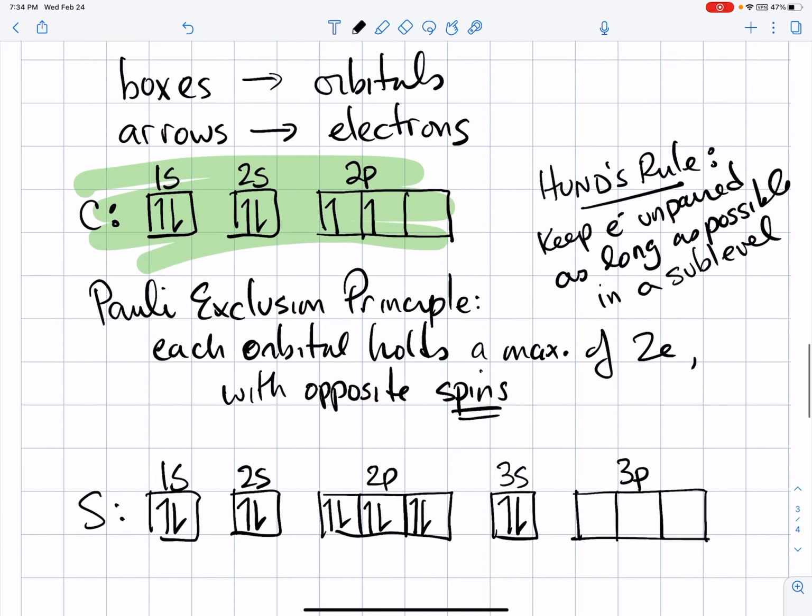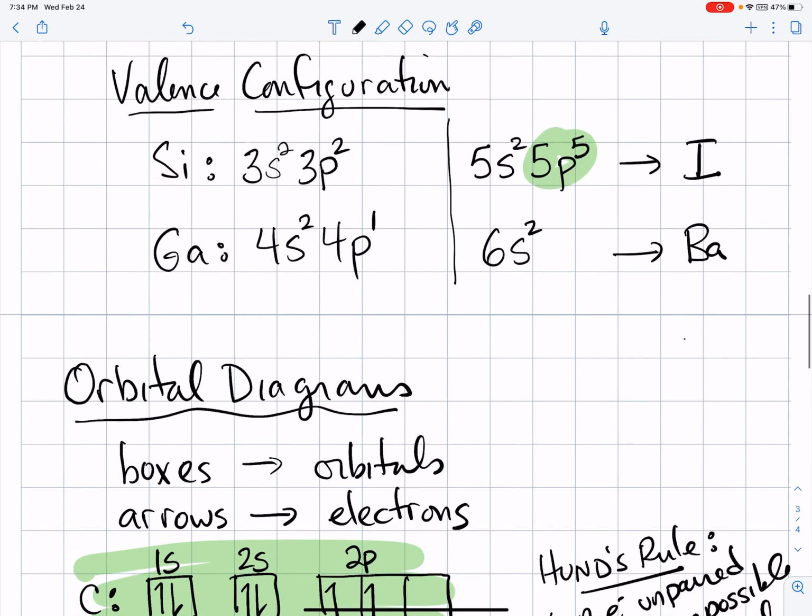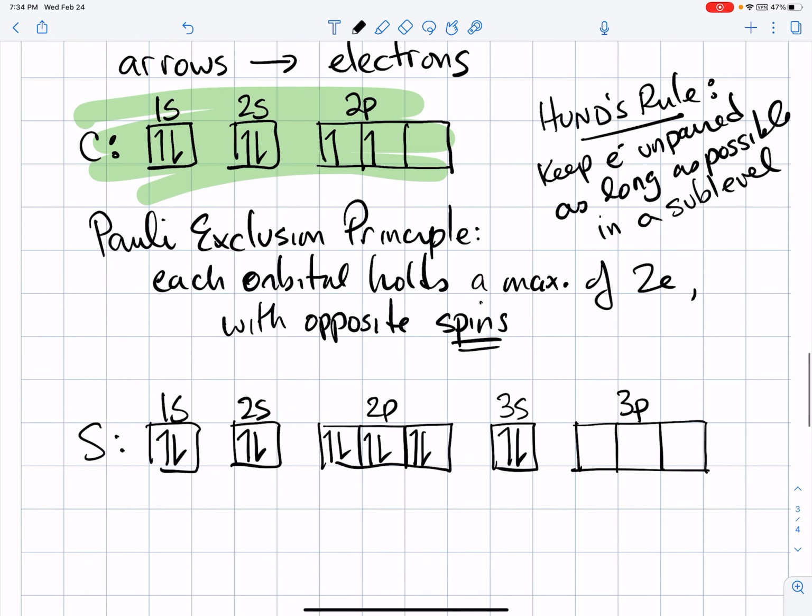Now, what does sulfur end in with its configuration? It's going to end in 3p4. So let's obey Hund's rule. We're going to keep the electrons unpaired as long as possible. Whoops, I'm using my eraser there. Grab my pen. 1, 2, 3. So we have 3 unpaired electrons there. And now there's my 4th one.